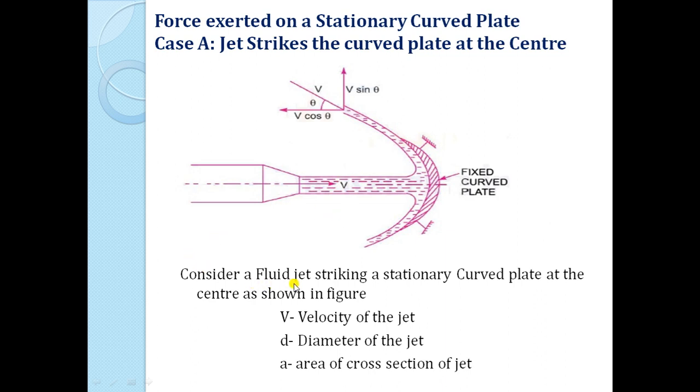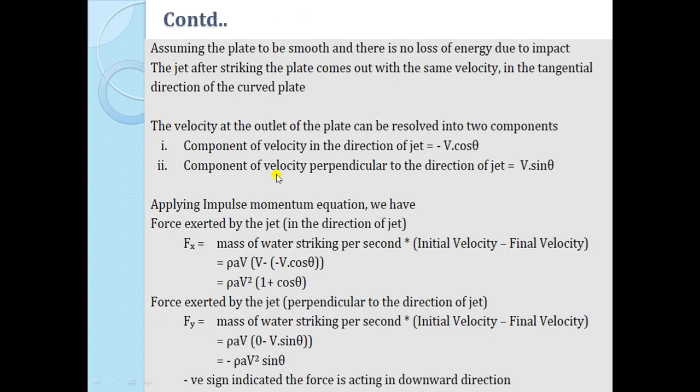So, let us consider a fluid jet striking a curved vane at the center as shown in the figure. V is the velocity of the jet, D is the diameter of the jet, A is the cross section of the jet. If we assume the plate to be smooth and there is no loss of energy due to impact, the jet after striking will come out with the same velocity in the tangential direction of the curved plate.